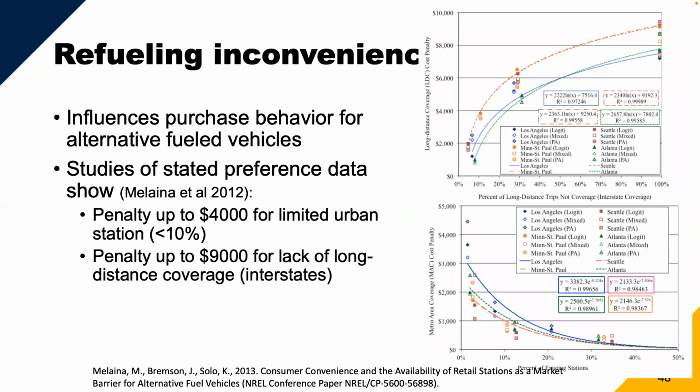Thinking about refueling inconvenience. So there's this idea that the deployments can influence the purchase behavior of alternative fuel vehicles. This is kind of interesting. You can try and elicit essentially a monetary penalty for coverage of stations.